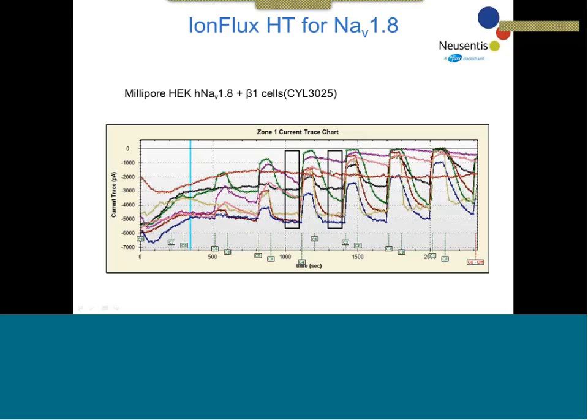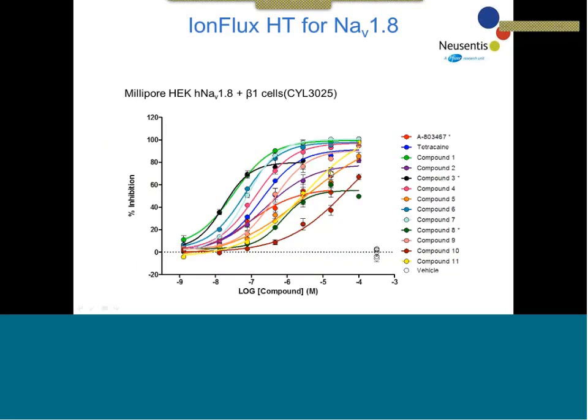And when we then plot the IC50s for these compounds, I'm highlighting a few compounds here which don't come off completely. There's the Abbott reference compound, and then a couple of our own, where the washout is incomplete, and therefore the percent inhibition per concentration is misleading. It's underestimated because the baseline that we're calculating from isn't quite right.